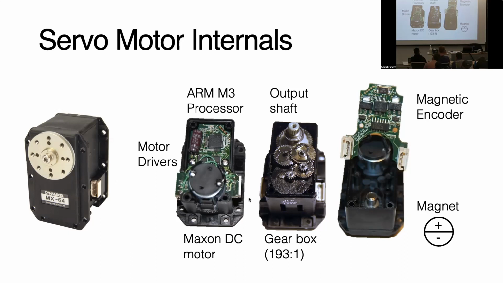Here we have this planar magnet that we're using as the encoder. And there's a chip on the top there that senses the orientation of that magnetic field, right? And gives you the position of this output shaft with a resolution, I think, of 4,096 possible positions. Yeah, I think the resolution is 12 bit, so 4096.